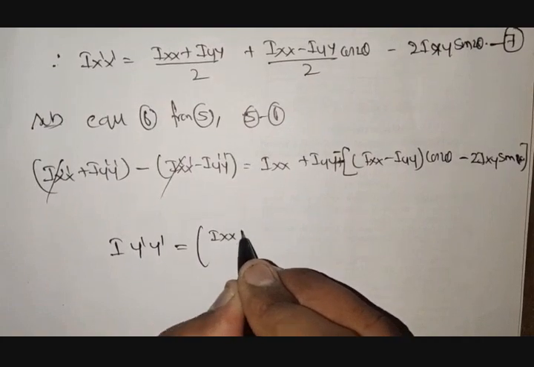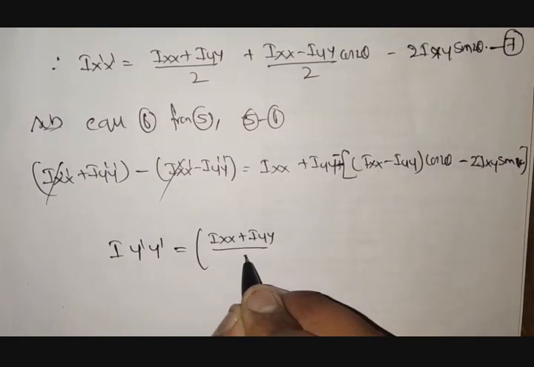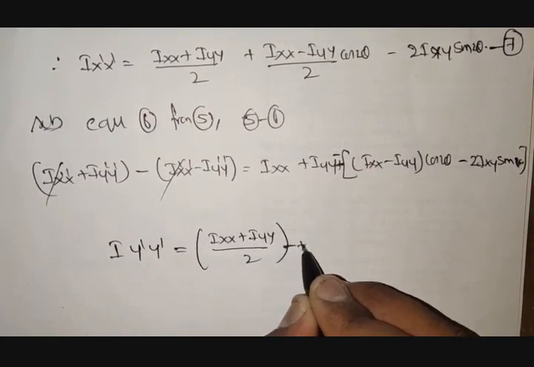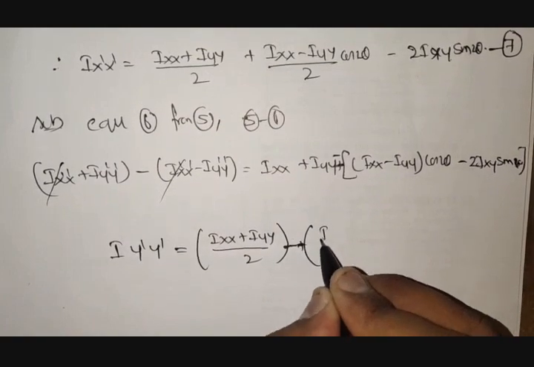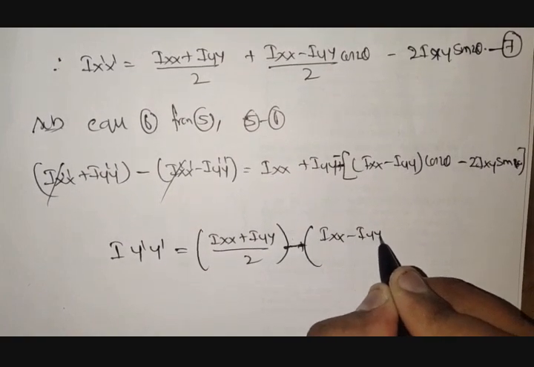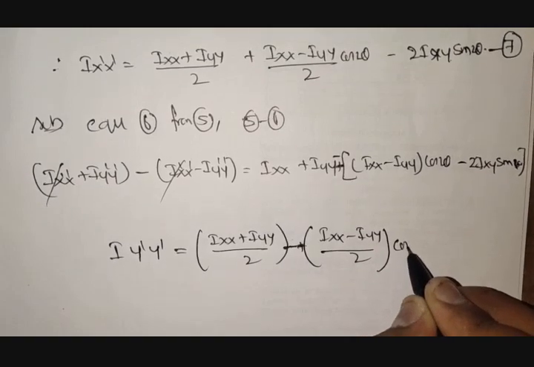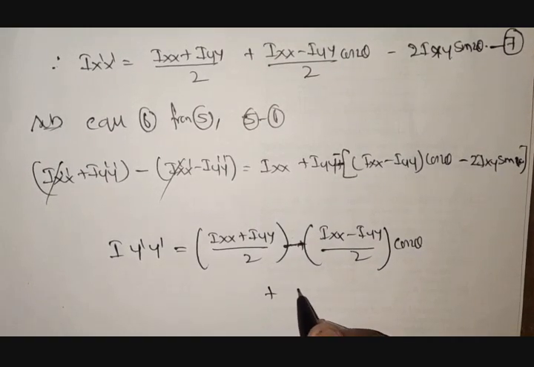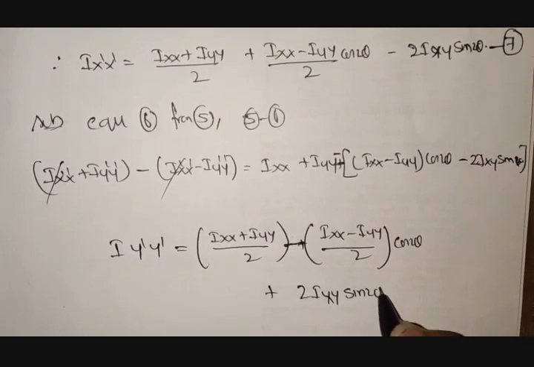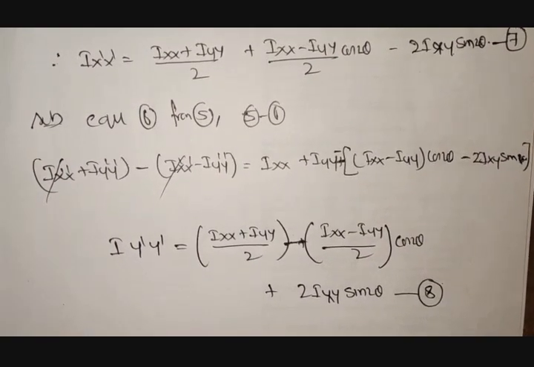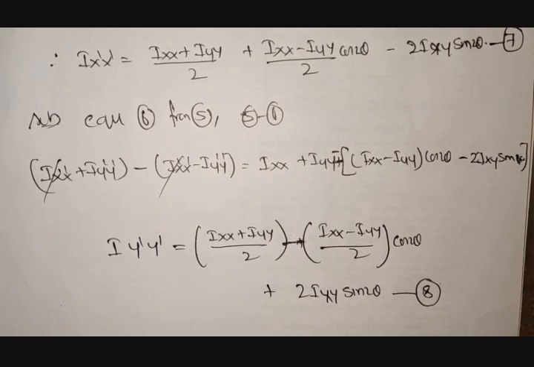It will come as (Ixx plus Iyy) by 2 minus (Ixx minus Iyy) by 2 into cos 2 theta plus Ixy into sin 2 theta we are going to get. So this is equation number 8.